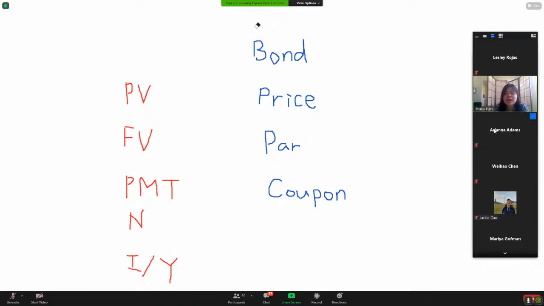And which one is related to the number of periods? It's related to the remaining time until maturity. And what's related to the rate? The discount rate is related to yield to maturity.